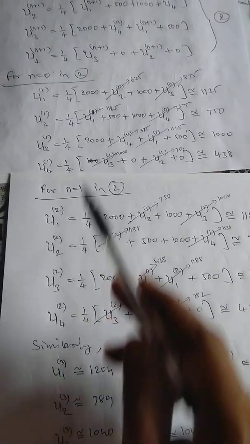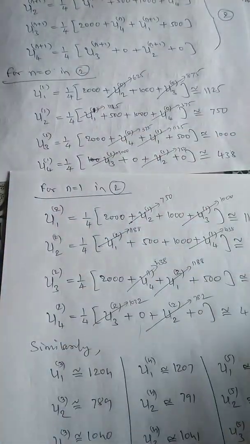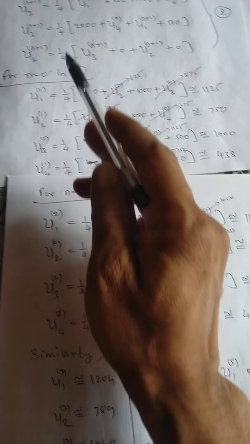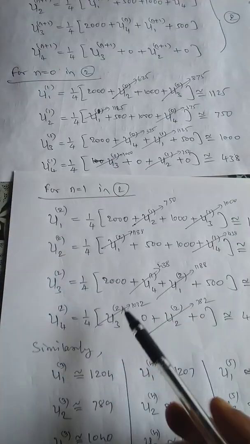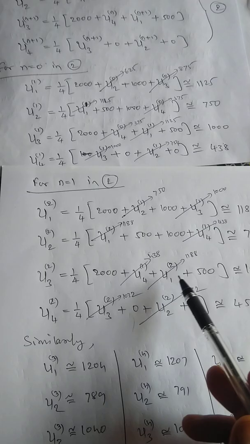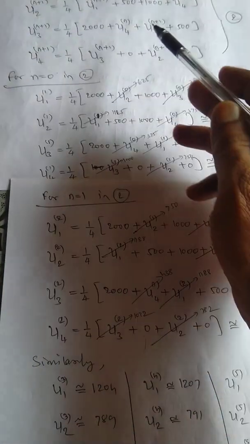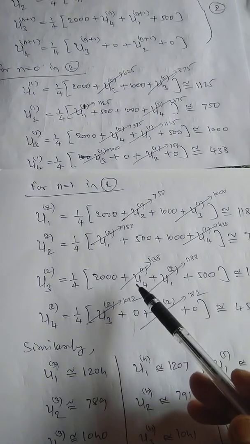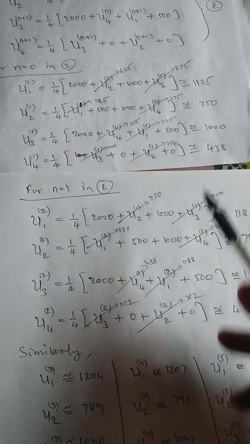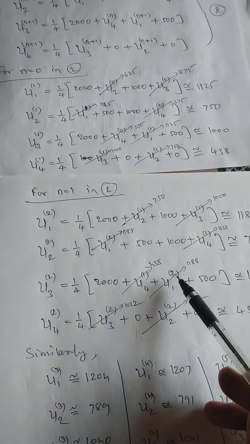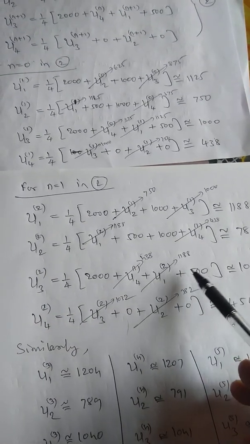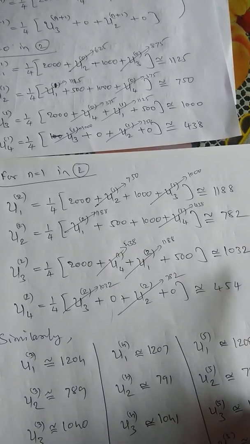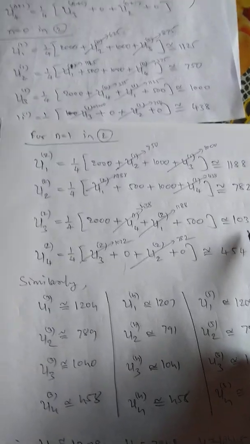Next, putting n equal to 1 in U3, you will get 2000 plus U4(1) plus U1(2) plus 500. U4(1) is 438 plus U1(2) is 1188. This whole divided by 4 is 1032.